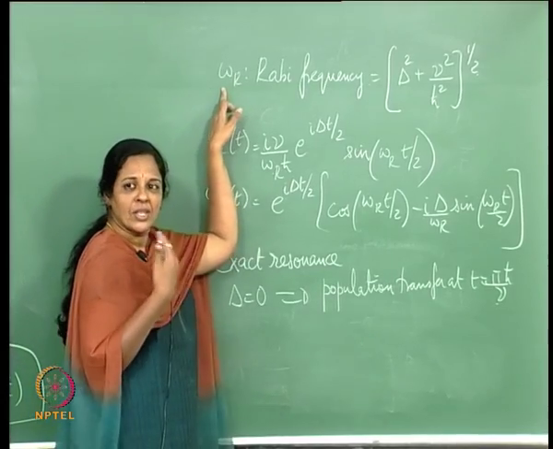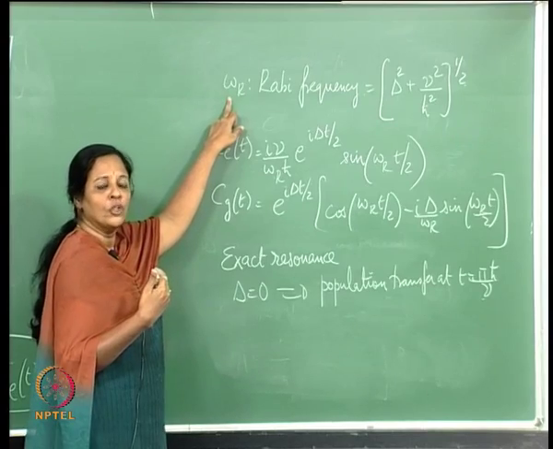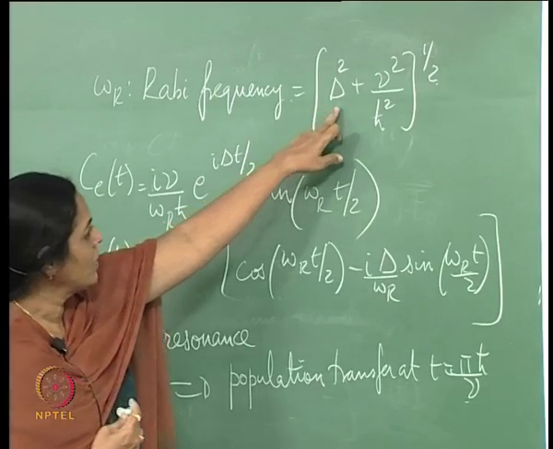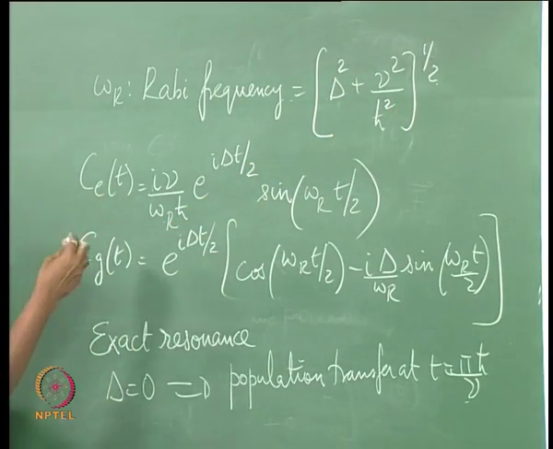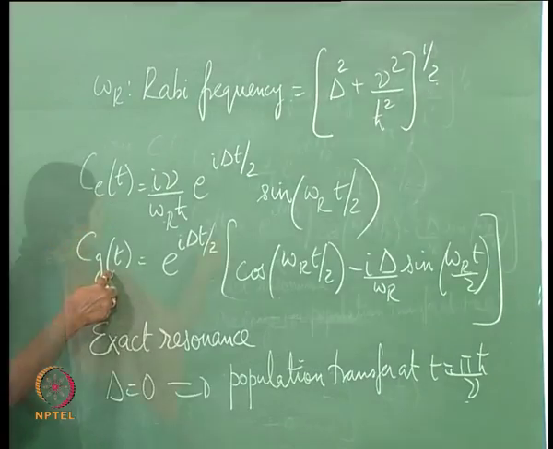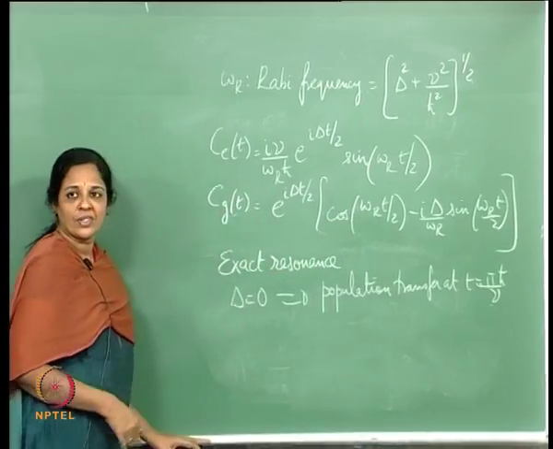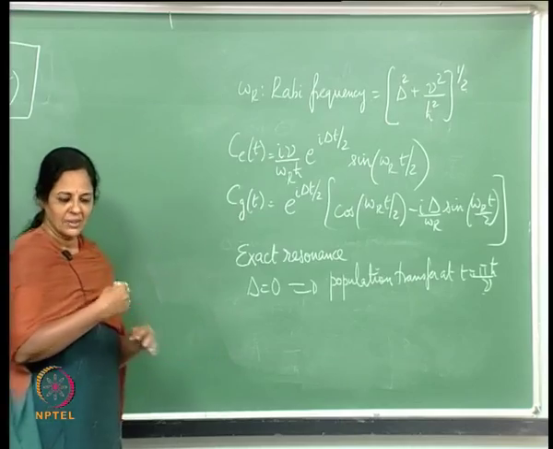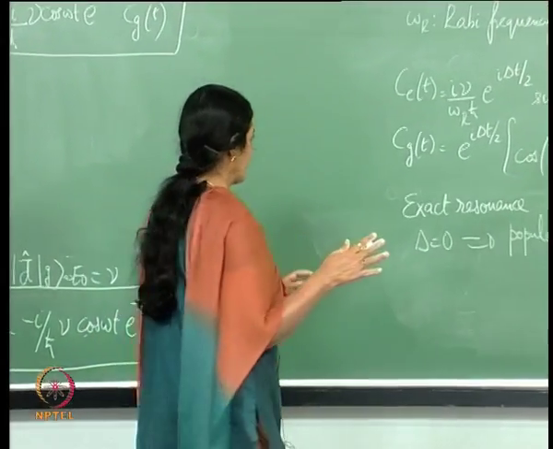The nomenclature comes historically from nuclear magnetic resonance ideas. I identify it to be delta squared plus nu squared by h cross squared to the half, and then Ce of t and Cg of t take on these simplified expressions. This is just a bit of algebra, and I leave it to you to verify this. It's a straightforward piece of algebra.